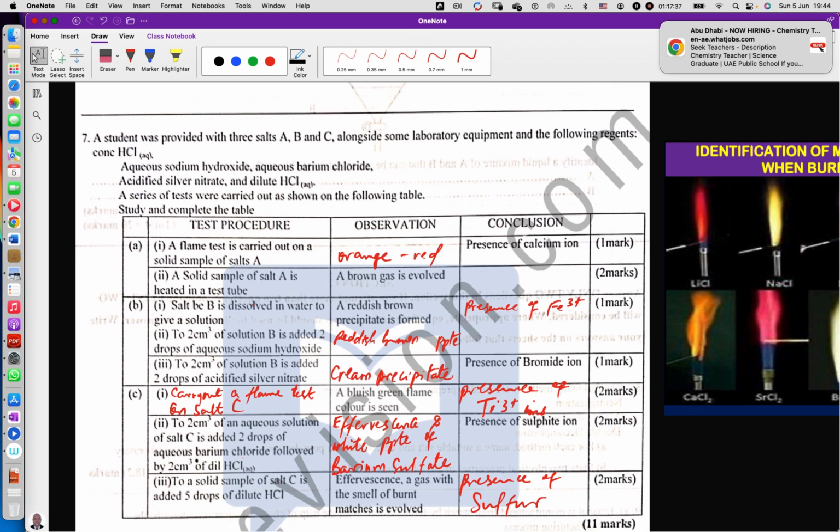Some of the information is missing, but I will only answer questions on the information that is available. The reagents are aqueous sodium hydroxide, aqueous barium chloride, acidified silver nitrate, and dilute hydrochloric acid. A series of tests were carried out as shown in the following table.